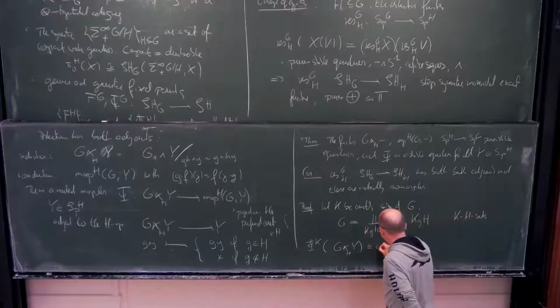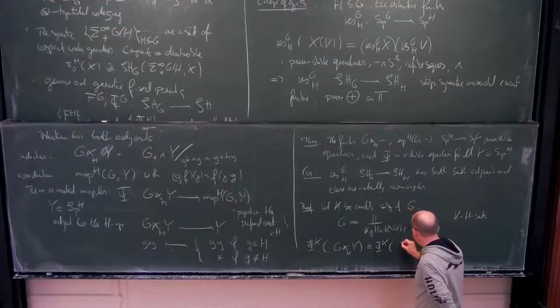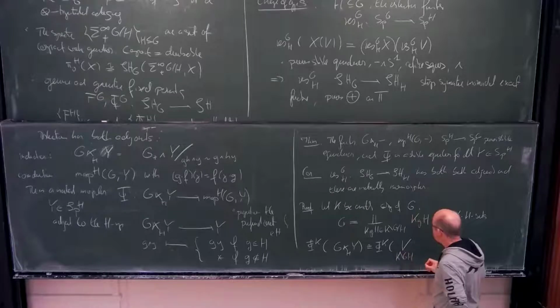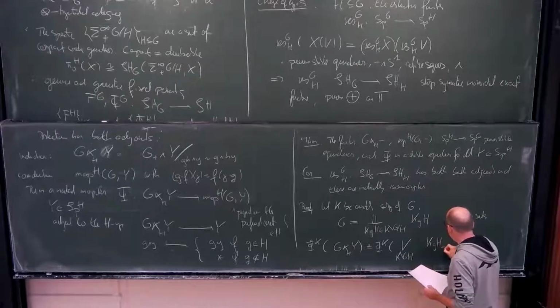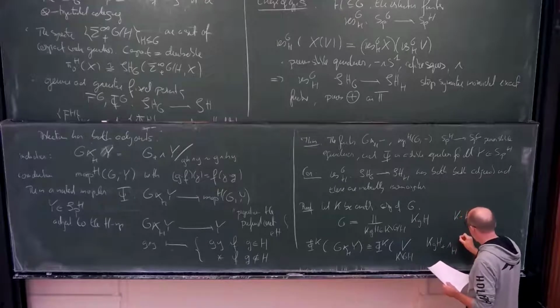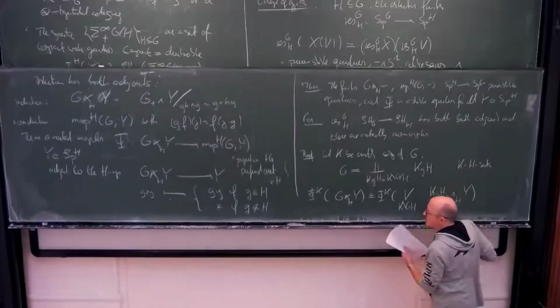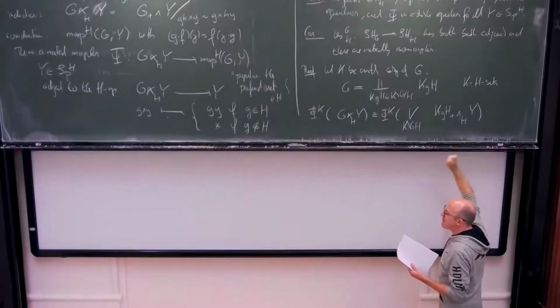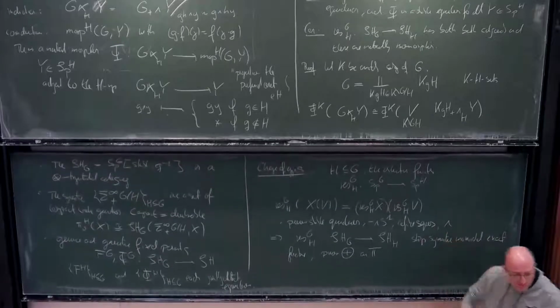So this is isomorphic to the K-geometric fixed points of the wedge over our double cosets KgH, and then KgH plus smash over H with Y. But then this can be rewritten. That's a pure rewriting argument that you've probably seen if you ever had anything to do with double coset formulas. But I need some more space first.